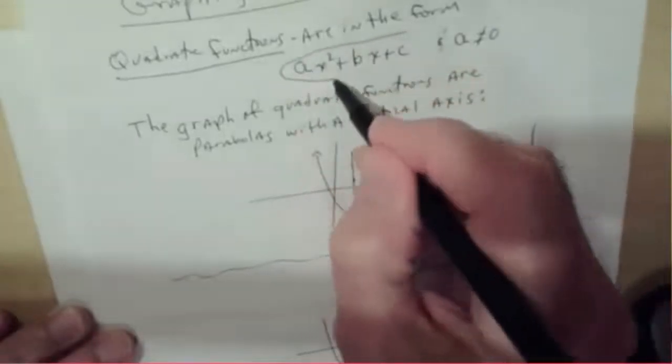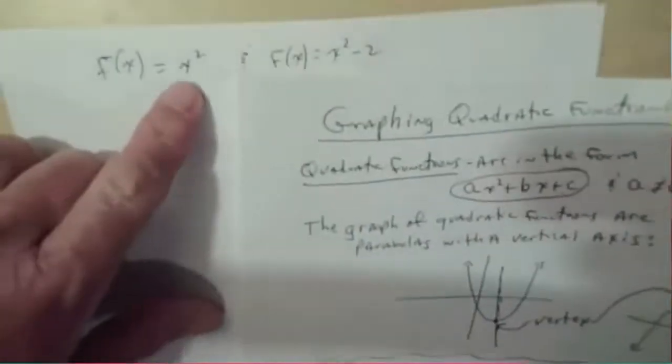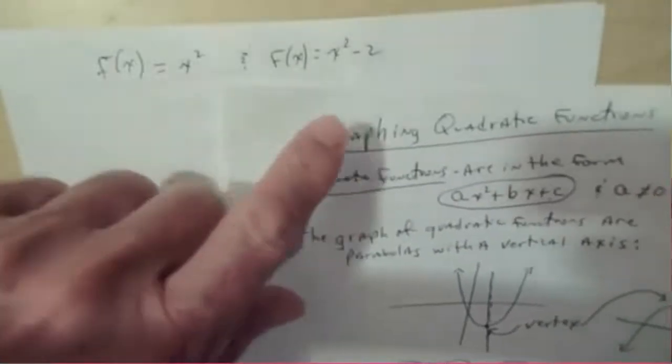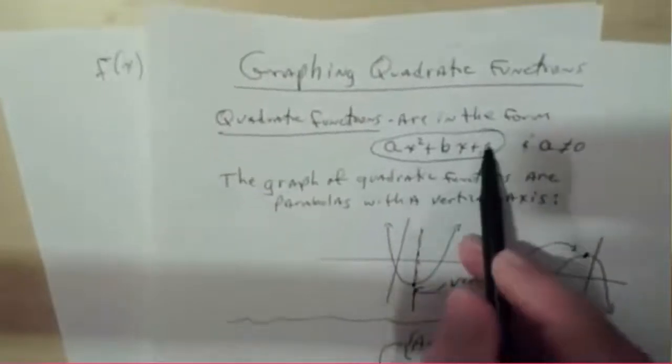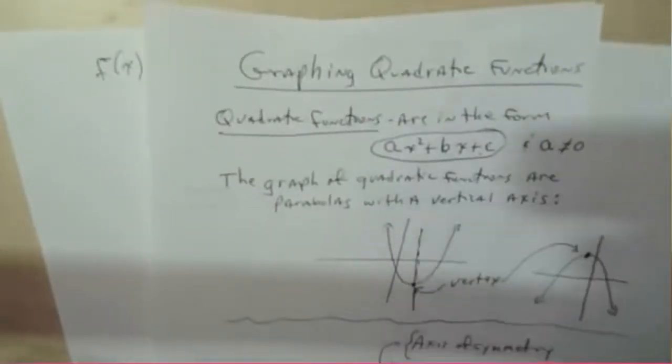Now remember, I told you that these things are always in the form ax squared plus bx plus c. Well, what happened to the b and the c on these? On this one, they're both 0, and on this one, our c is negative 2. We just don't have a b.